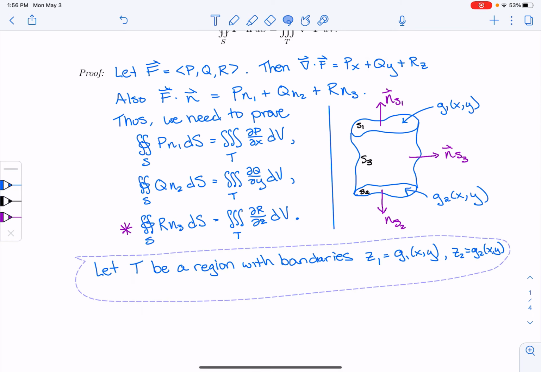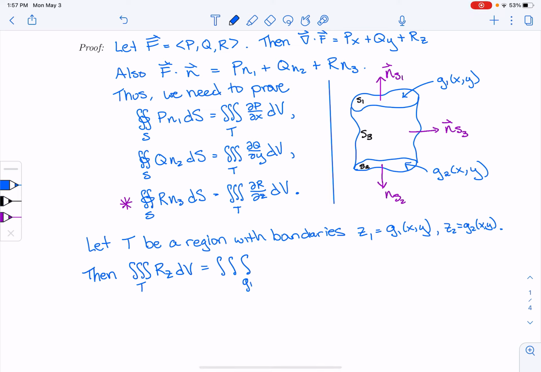Well, let's see what happens when I try to do the triple integral over that region T of dR/dz dV. Well, I can describe the innermost integral as being from G1 of xy to G2 of xy.